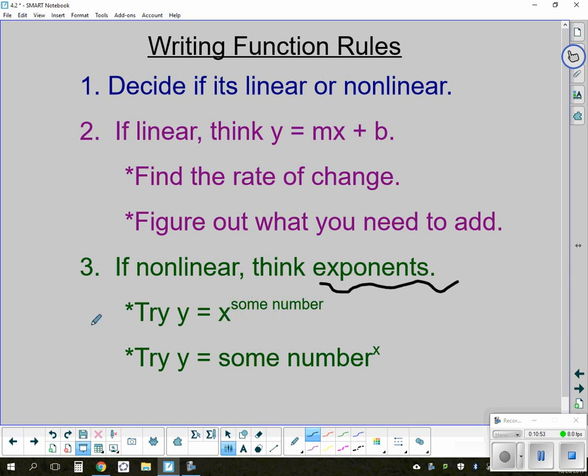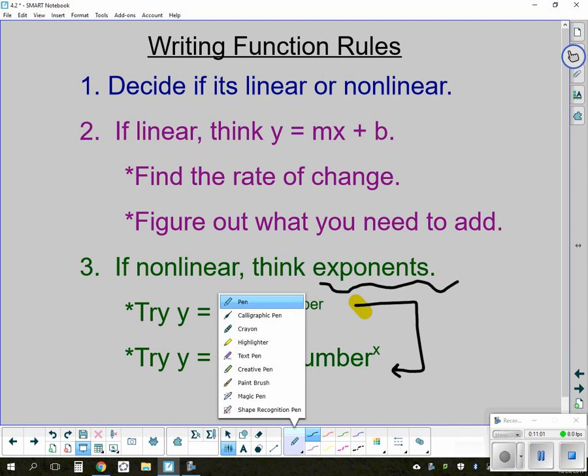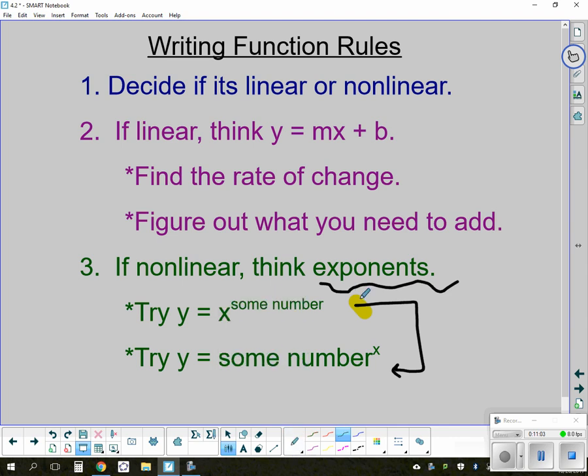So write this down, these are the two things you're going to want to try. In both of these, you might need to add or subtract some number. That can always happen, so look for those.